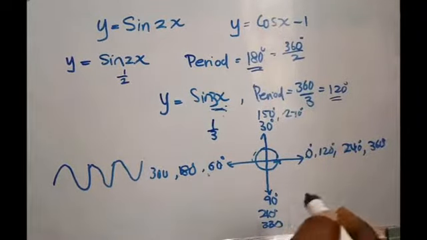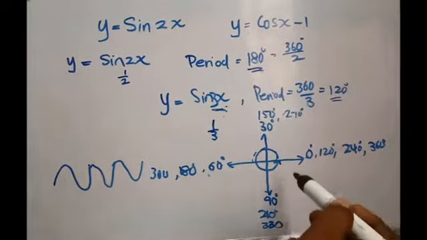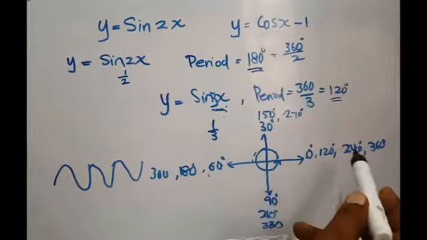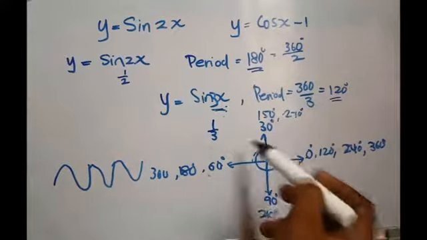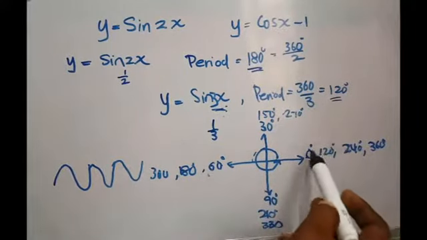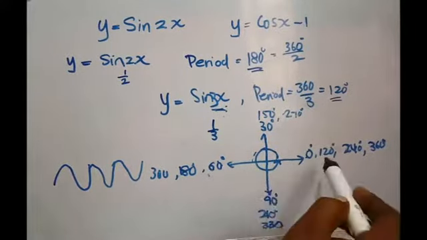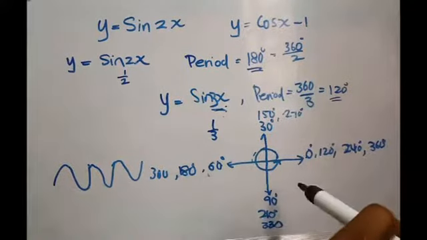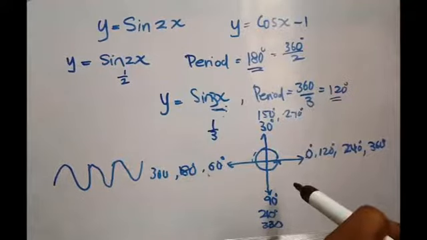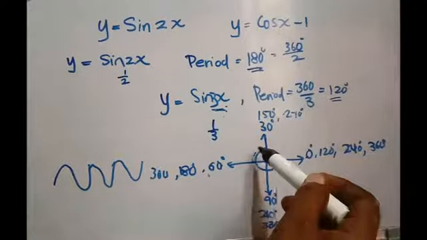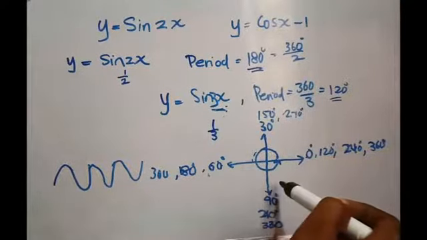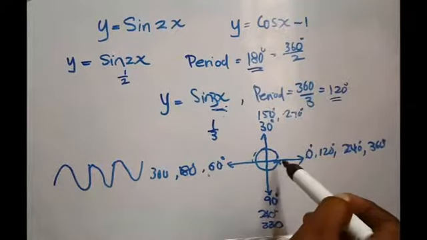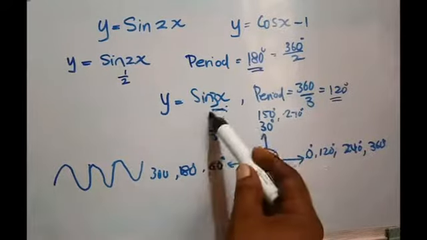So if our stretch factor is 1 by 3, we must have all these angles in your table. We must have 0, 30, 60, 90, 120, 150, 180, etc. up to 360. So this is a simple way to understand how to divide the quadrants according to the stretch factor.